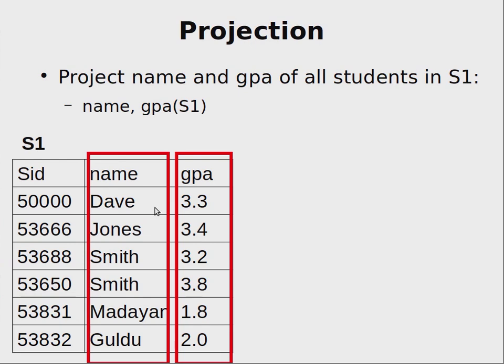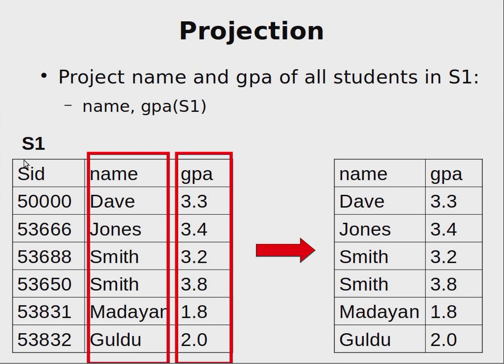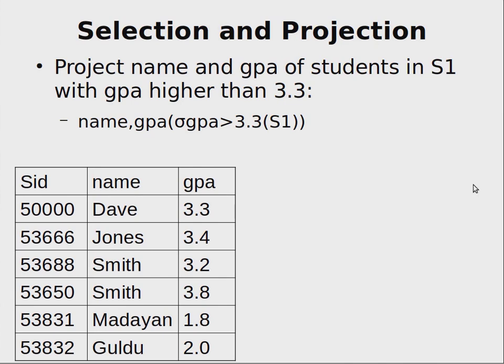And when you project something, your interest is in the opposite direction: you project or focus your attention only on some particular fields of this table. So again, here you may have hundreds of different fields, but you project out only 2 different fields, name and GPA.